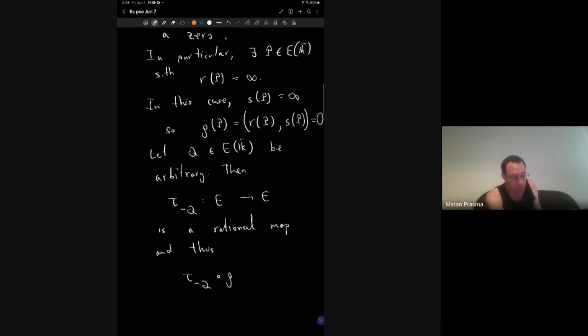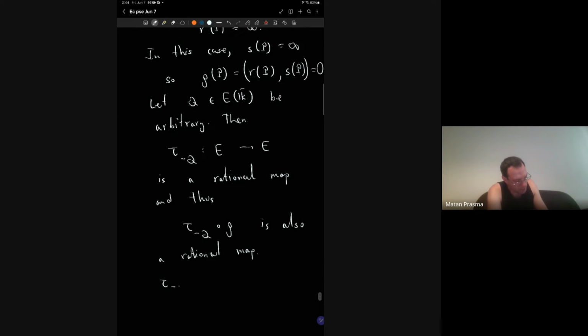Translation by minus Q is also a rational map. So the composition is also a rational map. It is non-constant: tau minus Q composed with rho is non-constant.